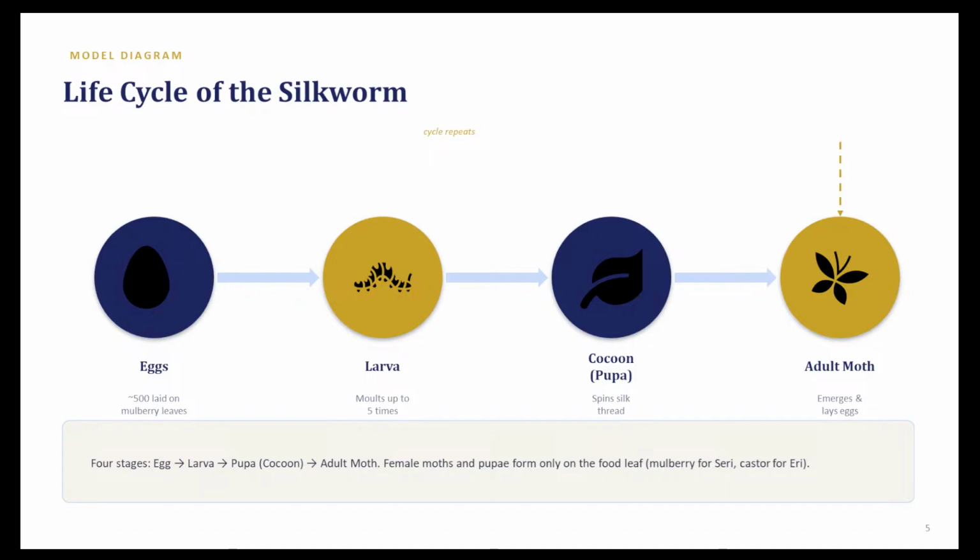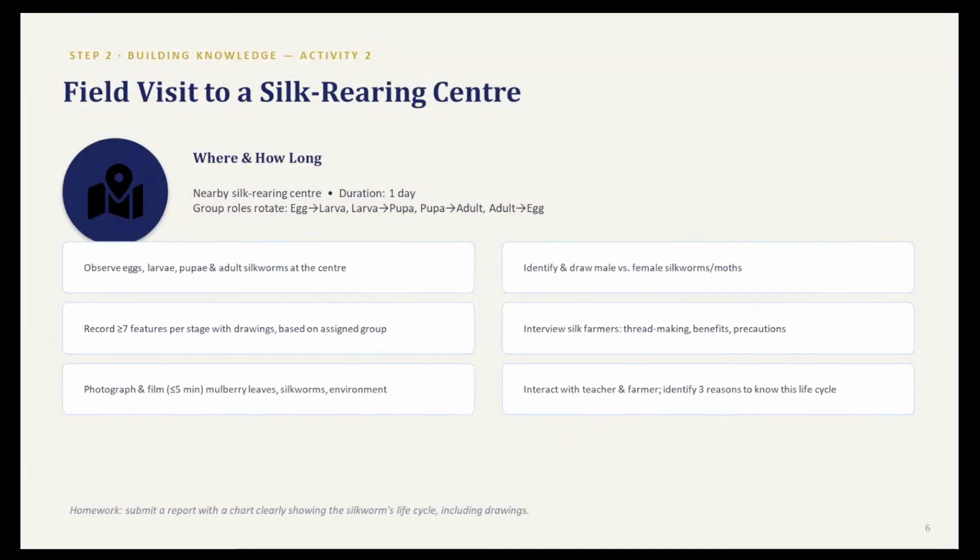In activity 2, I will do a field visit to a silk rearing center, because learning becomes more meaningful when students observe real situations. I personally organize a field visit to a nearby silk farming center, and during the visit students observe different stages of the silkworm, identify male and female moths, and interact with the farmer to learn how silk is produced.